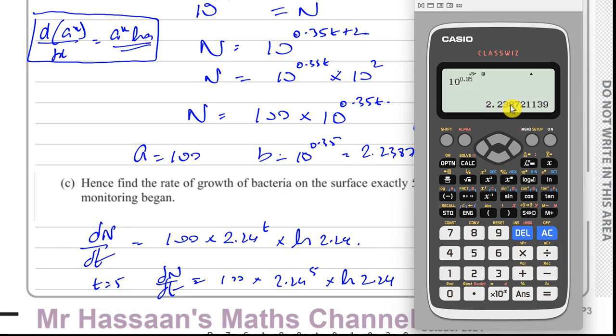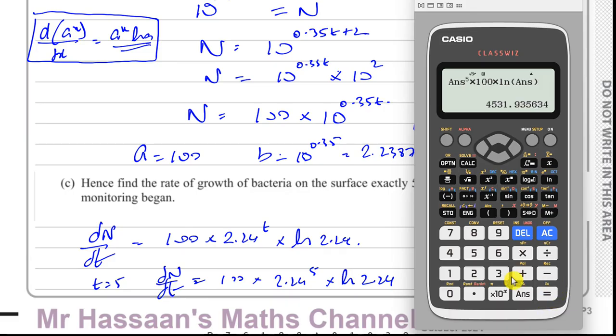I can keep this as our answer, and take the answer to the power of 5, times 100, times ln of the answer, that number that we had there.